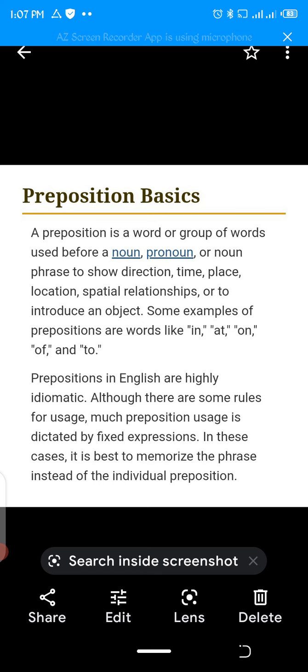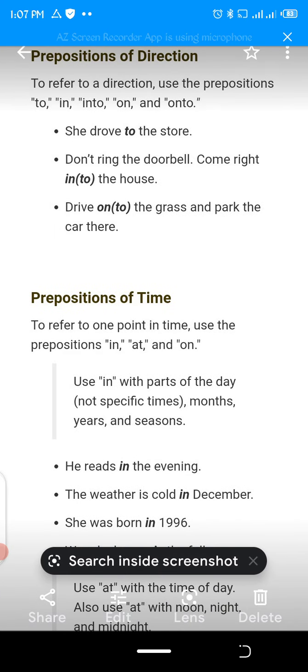So let's look at the types of prepositions. We have prepositions of direction, which are usually used to refer to a direction. We use prepositions like to, in, into, on, and onto. For example, she drove to the store. Don't ring the bell. Come right into the house.